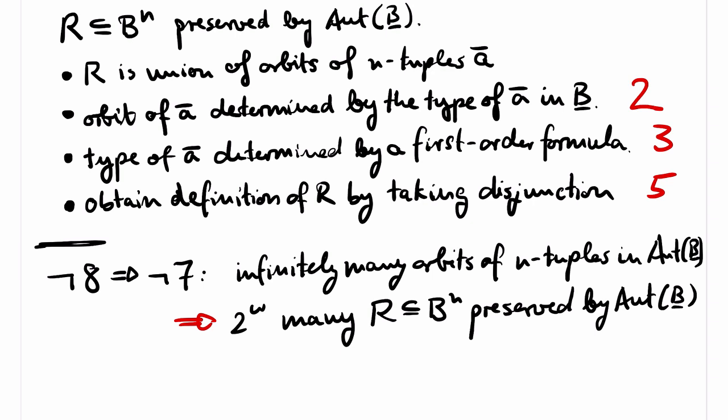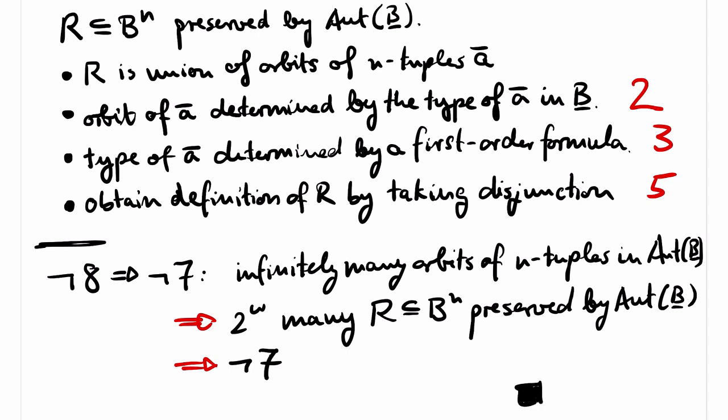This means that some of these relations are not definable in B. Here we use our assumption that the signature is countable. This implies that there are only countably many first-order formulas with variables x1 up to xn. By the infinite pigeonhole principle, some of the uncountably many relations preserved by the automorphisms do not have a first-order definition.